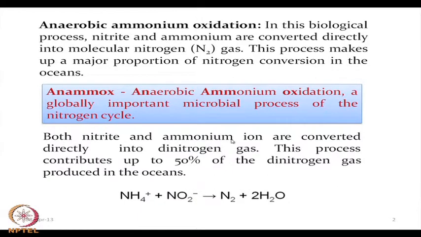So, both these two ions, the anion and the cation, the nitrite and the ammonium, are directly utilized for the generation of nitrogen gas, and it contributes about 50% of the nitrogen gas produced in the ocean. So, the oceanic environment is also responsible for the production of nitrogen gas in the environment.